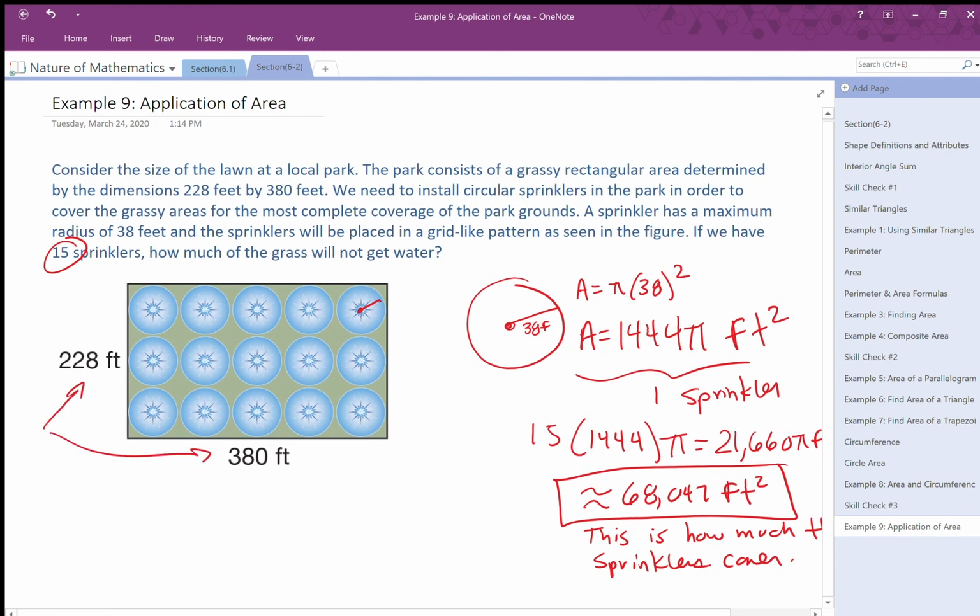Now we have a rectangular area of all the grass. Area is equal to 228 times 380, which is $86,640.